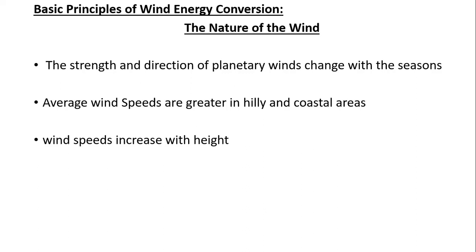So the strength and direction of these planetary winds change with the seasons. As the solar radiation changes, the strength and direction of the planetary winds also change with seasons.